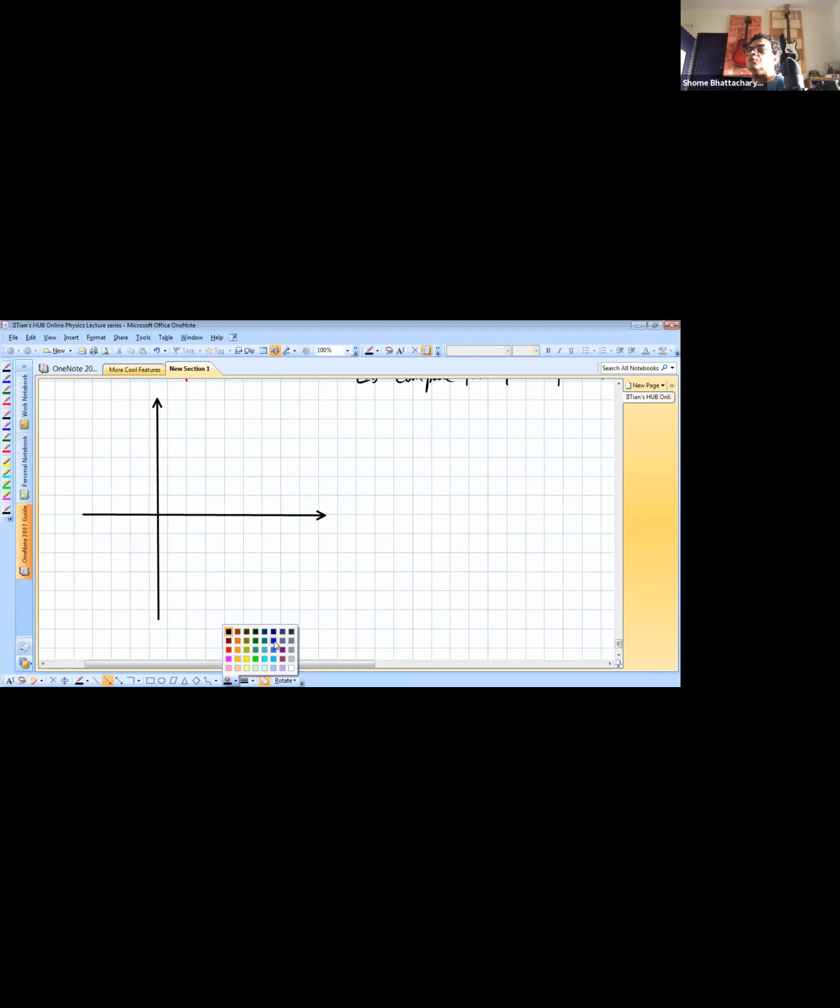So vector A was no problem. Vector A was drawn from the origin itself, so I don't need to make any change. Its magnitude was 15, and this angle was 30.